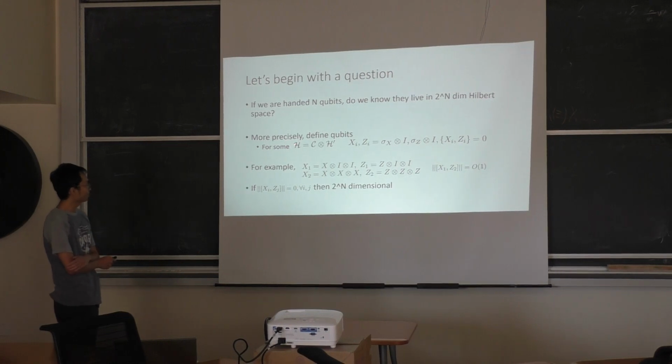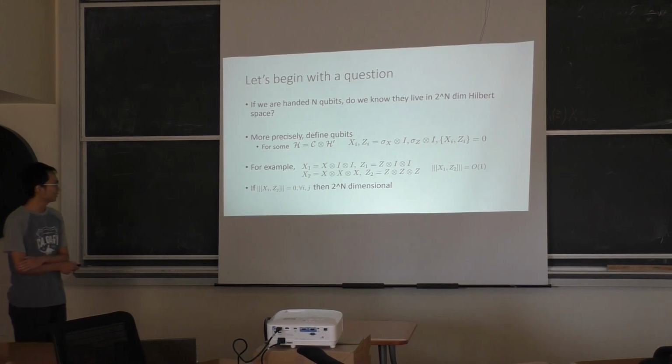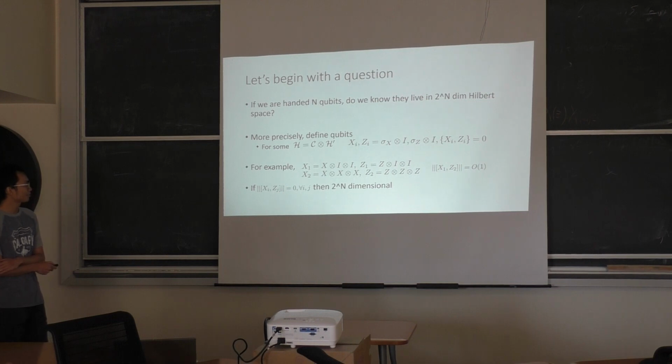So maybe let me first be more precise about what I mean by qubit. Let's take some Hilbert space, and then you can factorize out some two-dimensional subspace and whatever the remaining junk.